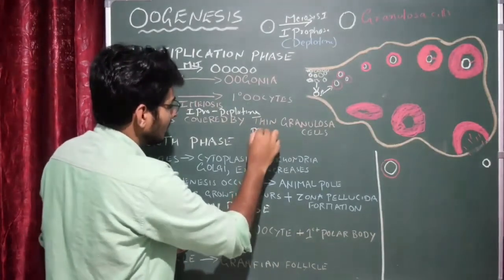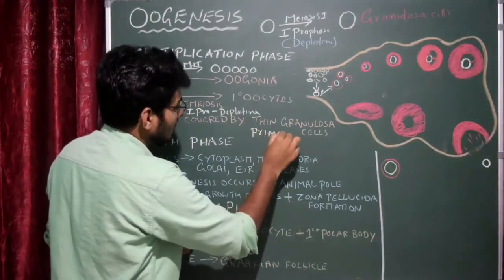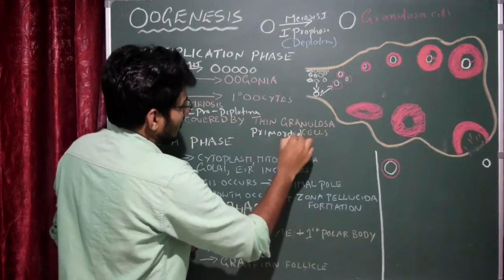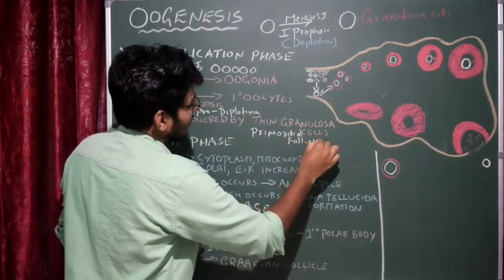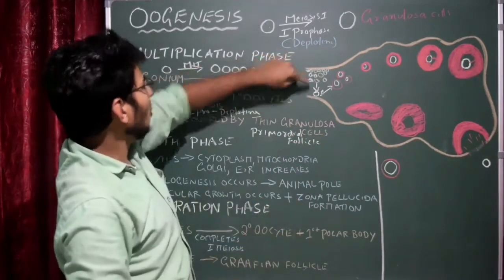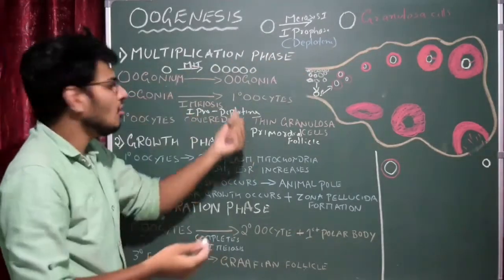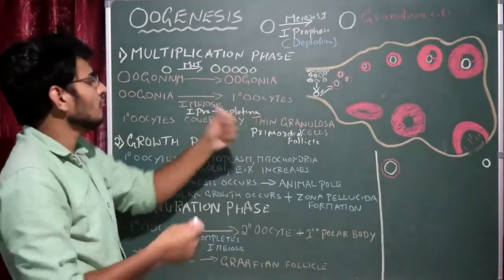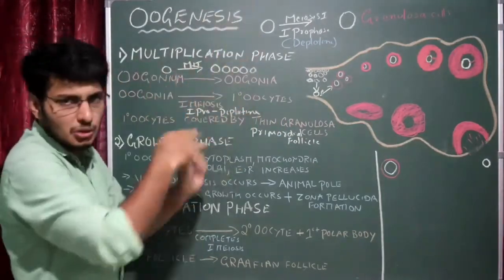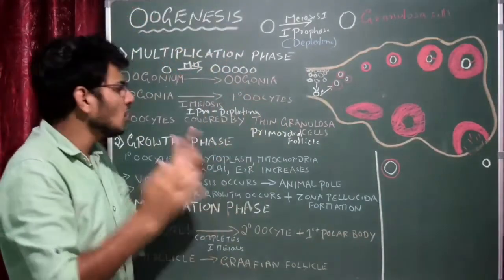Primordial follicle. Remember, out of several thousands of oogonia cells, millions of primary oocytes are produced because of mitosis and all these things. You could see lots and lots of primary oocytes.